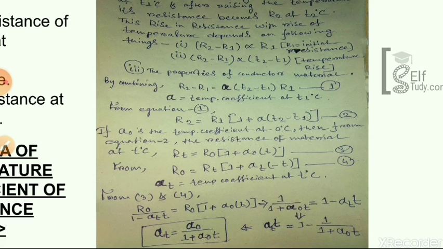If we know the value of alpha 0, and also know the temperature of this material after the rise in temperature, then we can find the temperature coefficient of the resistance at the present temperature of this material. That is called the temperature coefficient of resistance formula.